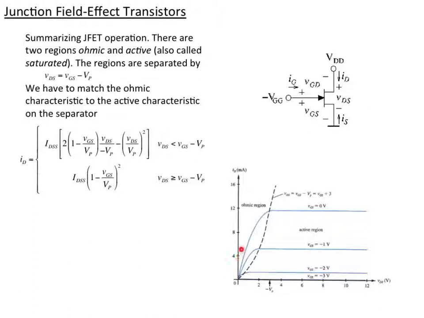But then as we get towards the active region, we have to turn over quadratically, and so we have this quadratic term, VDS over VP squared. And you can check that when VDS equals VGS minus VP, these two forms will be the same.